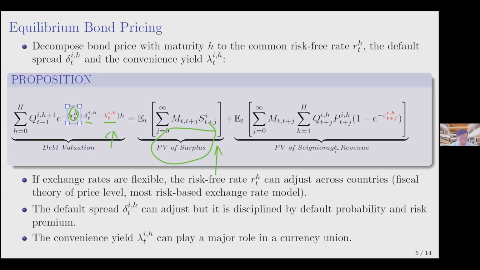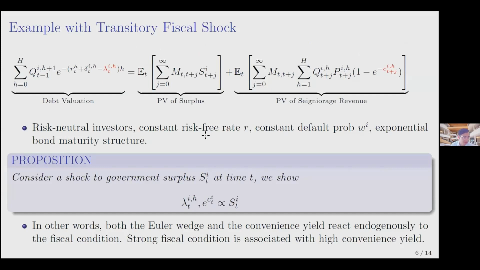Alternatively, we can also think about some additional shock that makes people want to hold, say, German bonds as opposed to all the other countries' bonds. So this should be an increase in the seigniorage revenue of the German government, which would also lead to an increase in the convenience yields. Okay, so this is really the key prediction of this model.